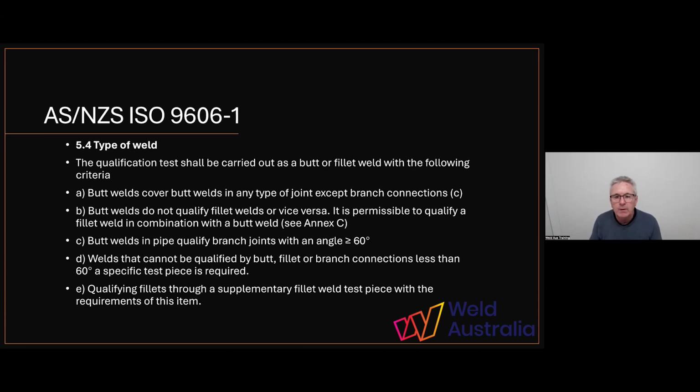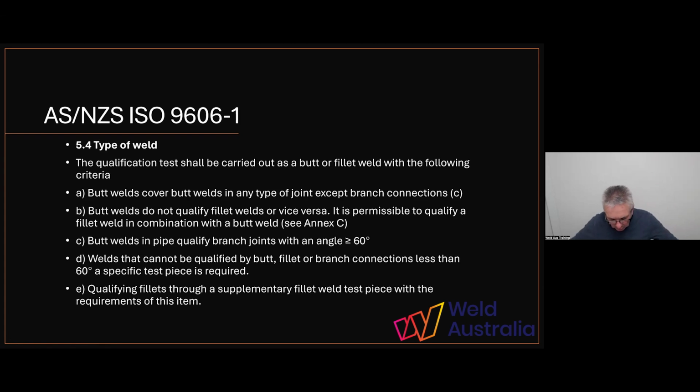So what you'll notice too is when you go into the standard, section part E. With 5.4, we've got type of weld, and this is what you'll often see on the document, this notation here, 5.4E.